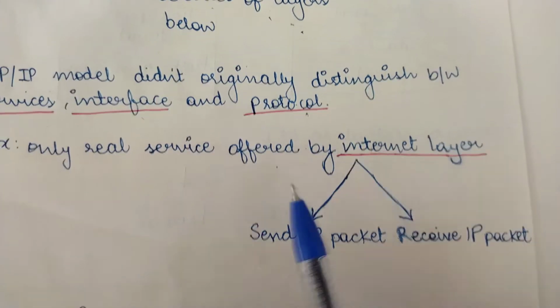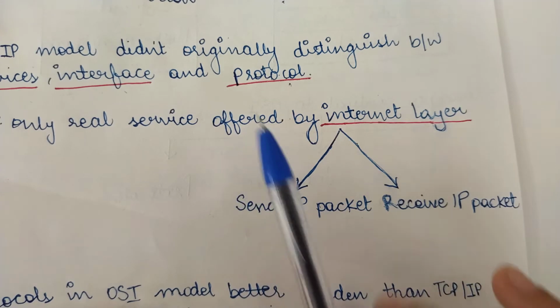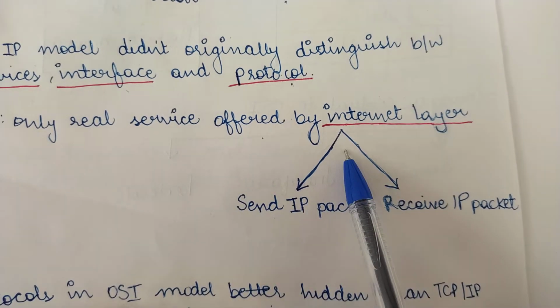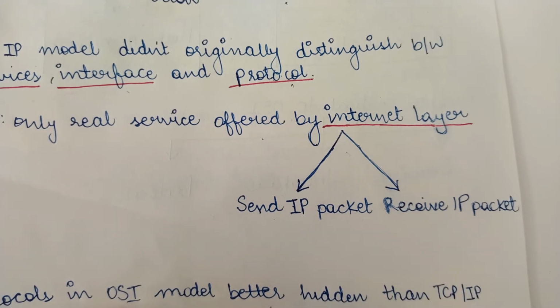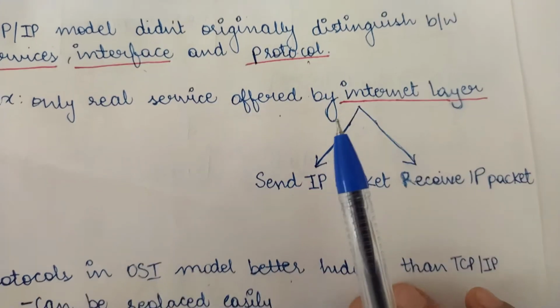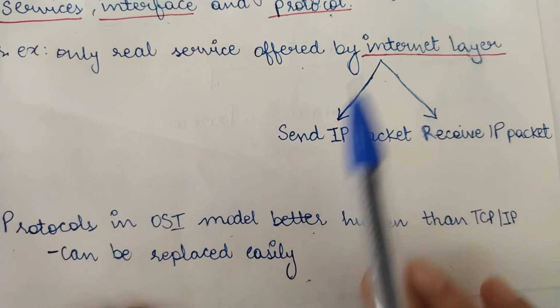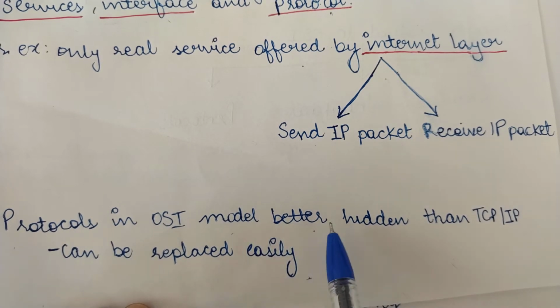For example, if I look at the internet layer, the only real service that is offered by an internet layer is sending an IP packet and receiving an IP packet. So I can really not figure out any difference between the services or the interfaces or the protocols used in the TCP/IP reference model. I can say that the protocols in the OSI model are hidden in a much better way than in the TCP/IP reference model.